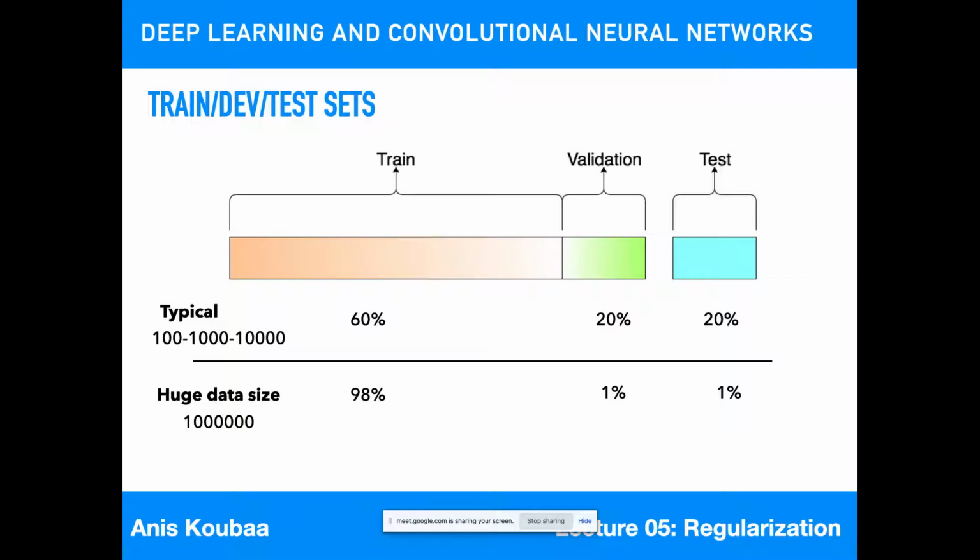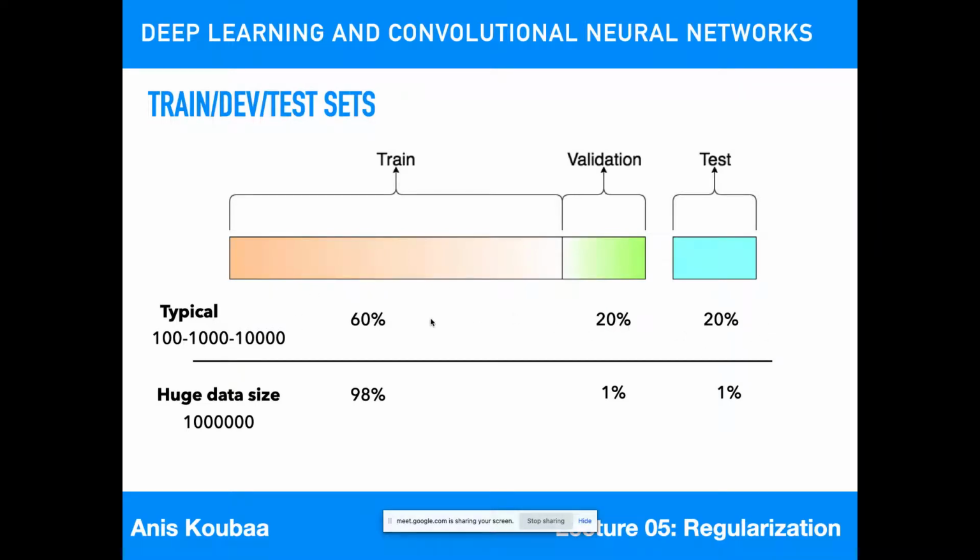Sometimes you can consider that 10,000 is good enough, especially if we have only 2 classes. But if we have 10,000 with multiple classes and so on, we may have a subdivision of 60%, 20%, 20%. It's also possible to make 80%, 10%, 10%. It's something in that range, okay?